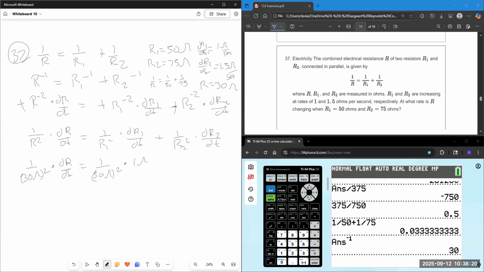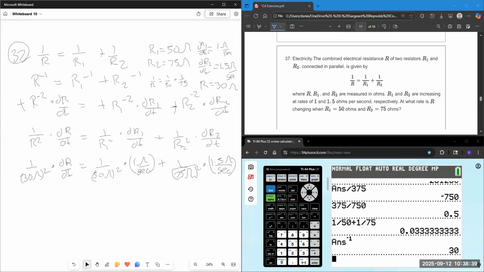So 1 over 30 ohms squared times dr/dt equals 1 over R1, 50 ohms squared, times 1 ohm per second plus 1 over 75 ohms squared times 1.5 ohms per second.